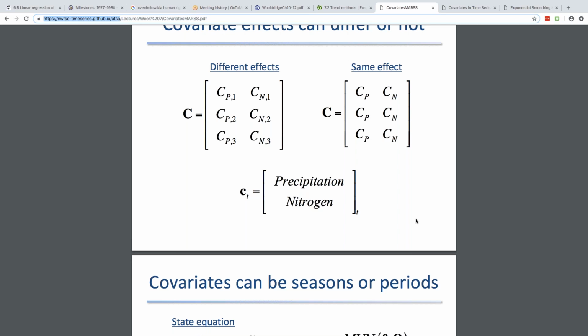We could set it up that precipitation effect is population dependent, but the nitrogen effect is not population dependent. So the nitrogen could look like this, while the precipitation effect looks like that. So we can specify all those different constraints and then test support for different structures.